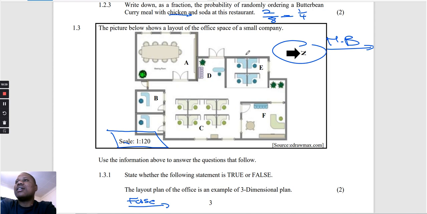When you look at A, already we can see something there. Think of something. Remember, we're looking for a space where clients wait before their appointments. Can it be F? Can it be E? Can it be D? Can it be C? Can it be B? Can it be A?